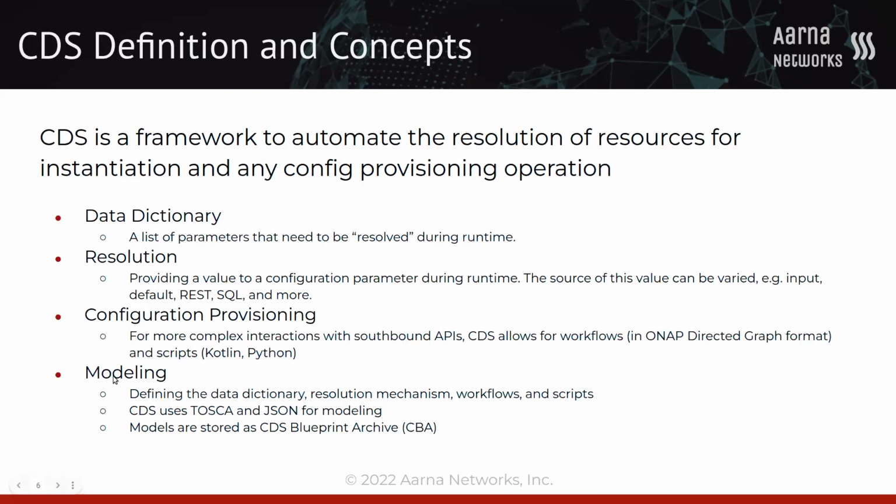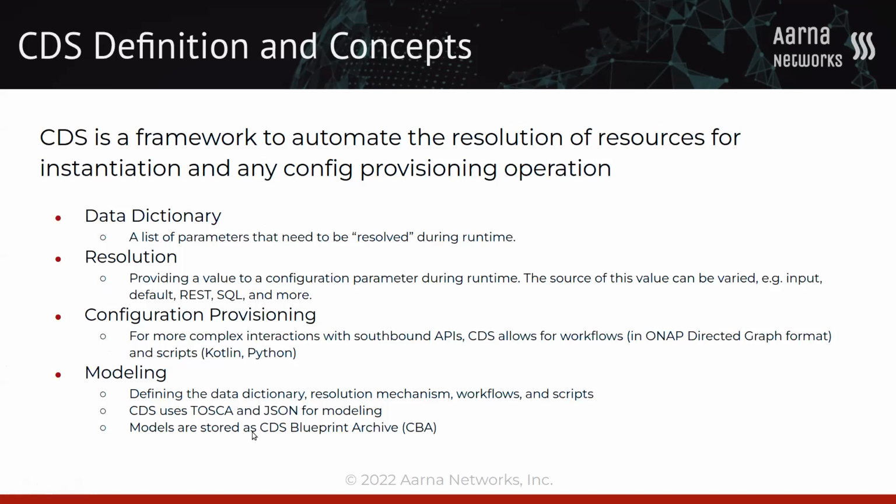Modeling is another concept. This modeling defines the data dictionary, resolution, workflows and the scripts which are part of this configuration provisioning, and CDS uses TOSCA and JSON for the modeling. All the model information would be stored as a CBA.